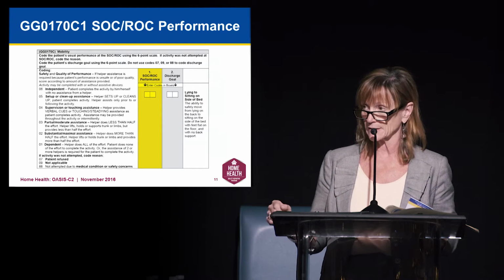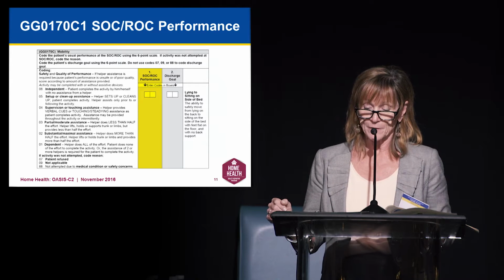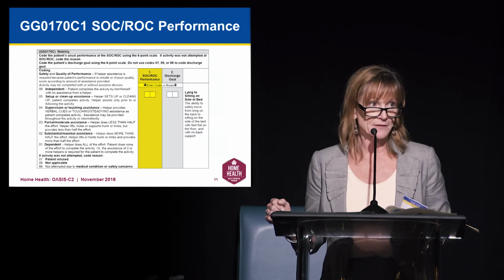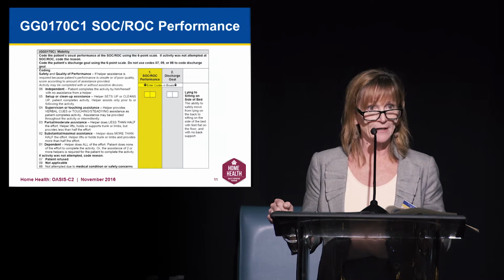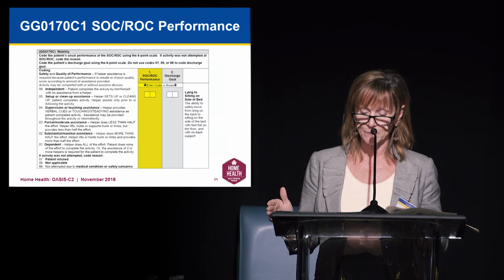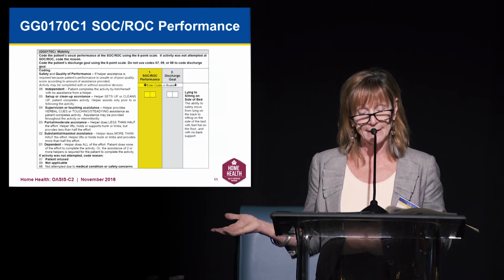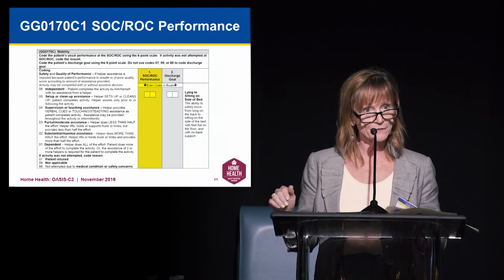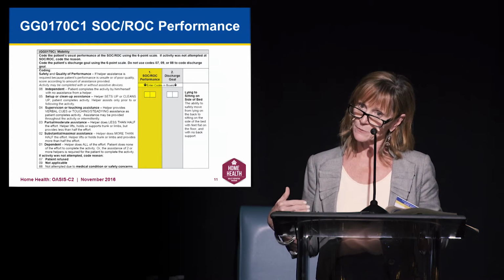And again, we'll be getting into that. But the measure, on the far right side, looking at the definition of what we're actually trying to score here, it's the patient's ability to safely move from lying on their back to sitting on the side of the bed with their feet flat on the floor and no back support.